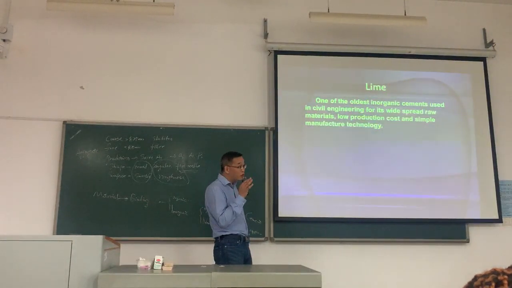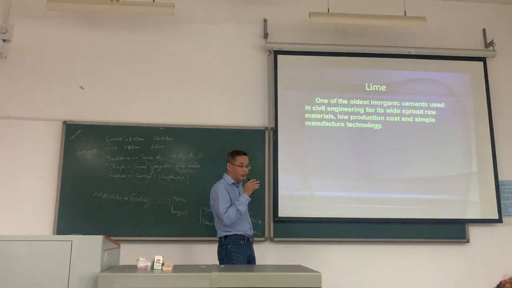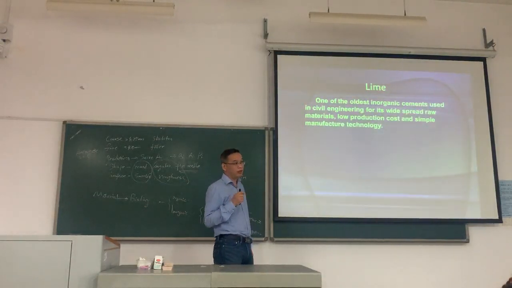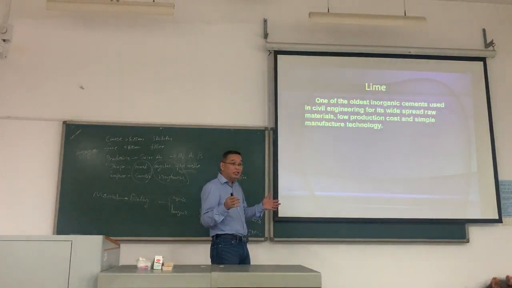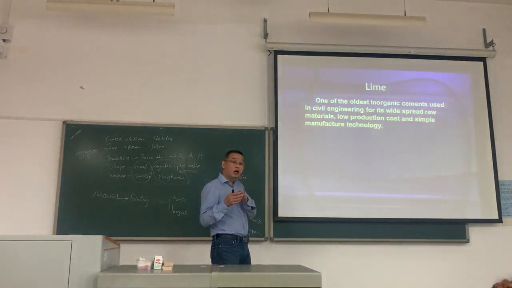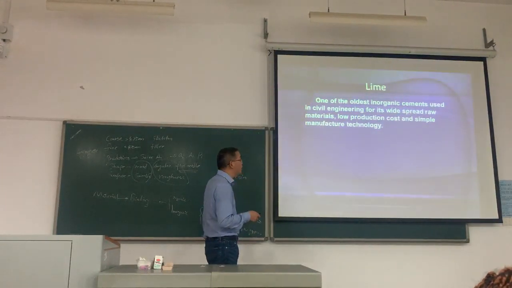Maybe 1,000 or 2,000 years ago, what did we use? Lime is a kind of natural material. At that time we did not have the tools or technology to produce it, but it exists in nature, so it is a natural material to make use of.